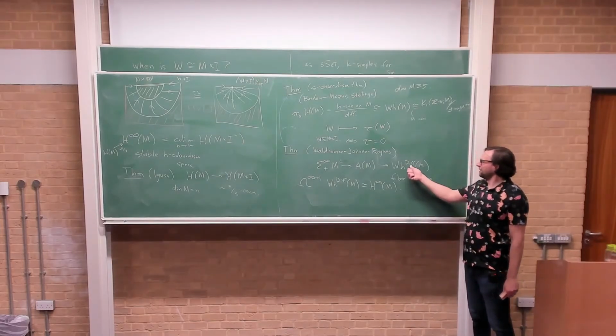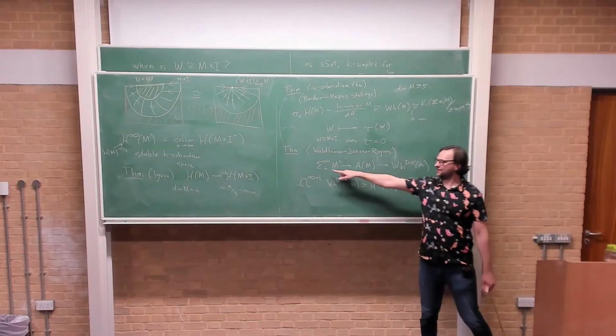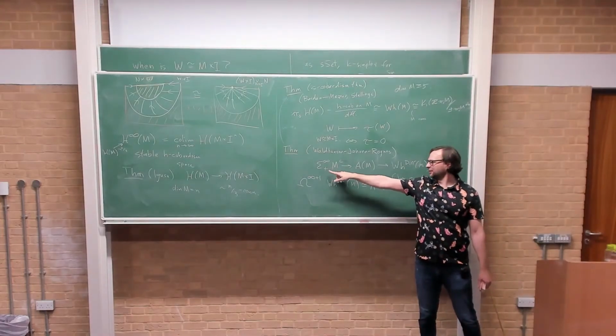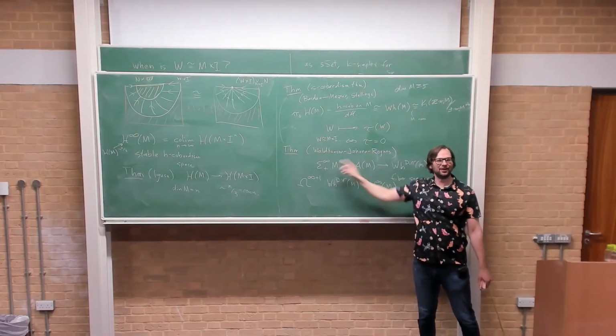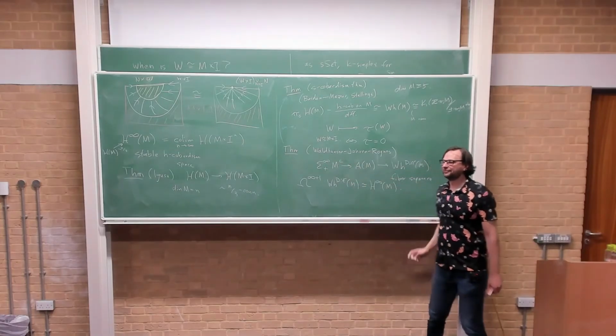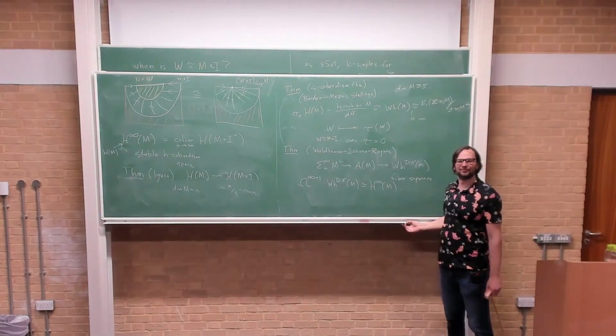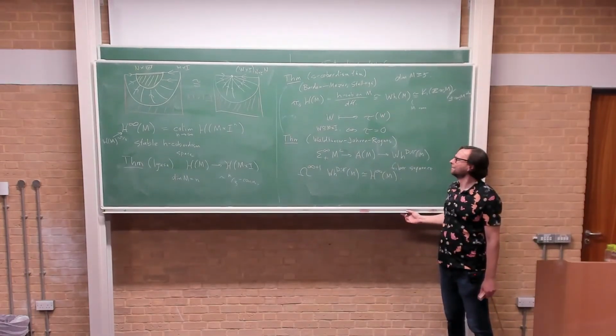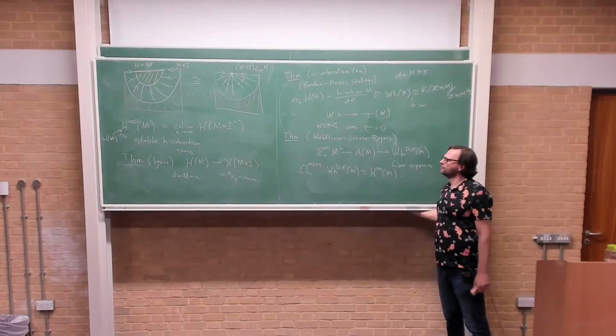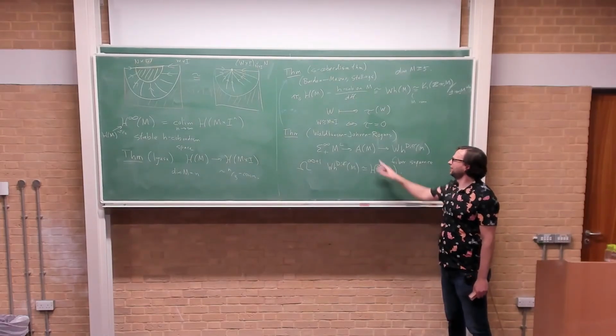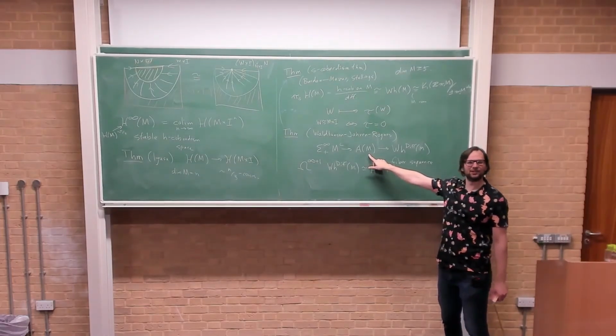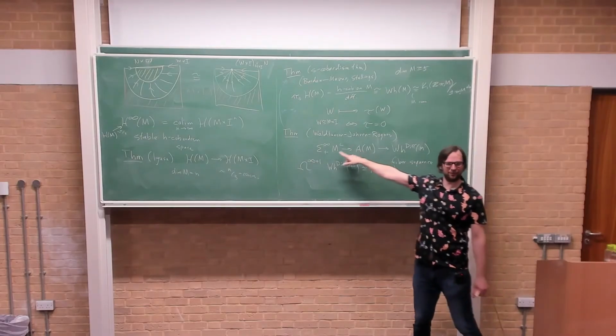If this is PL or top, there's a similar theorem, but now this isn't just stable homotopy. This is stable homotopy smash with A of a point, and then that one doesn't split. Are you saying that the splitting is somehow less natural? The splitting's fairly natural. It arises from the Dennis trace. You go to the free loop space of M, and then you evaluate at the base point.